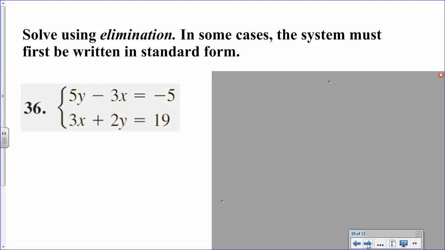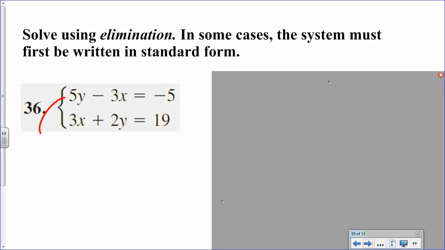Then it says, in some cases, the system must be first written in standard form. So standard form is ax plus by equals c. What that means is that your variables and your constant and your equals all need to be lined up. So I need to rearrange the top equation so the x and the y are switched, so that I can have everything lined up the way it's supposed to be.